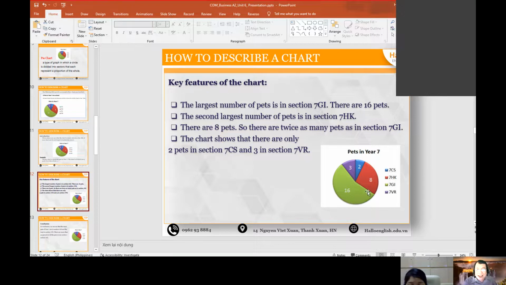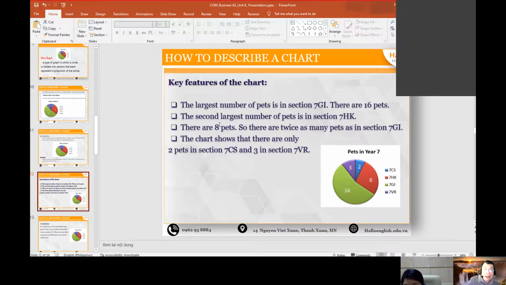So as we can see in here, there are 16 pets in the 7GI because the largest number of pets in section 7GI is in here. And there are 16 pets. And then you can also say the second largest number of pets is in section 7HK.